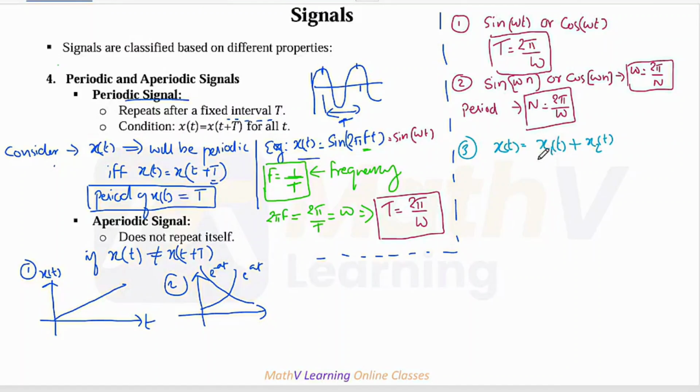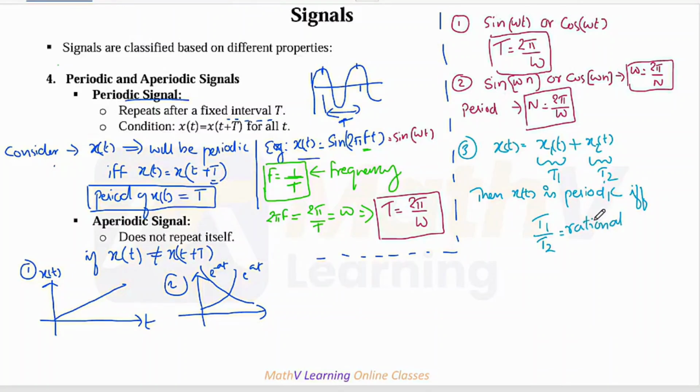So if x1 of t has a period T1 and x2 of t has a period T2, then for the sum x of t to be periodic, this is periodic if and only if T1 by T2 is rational.